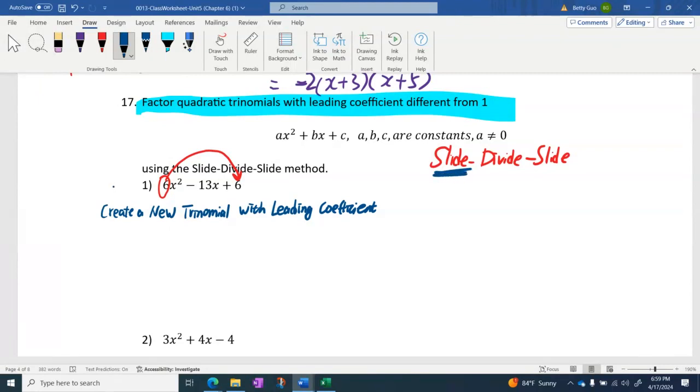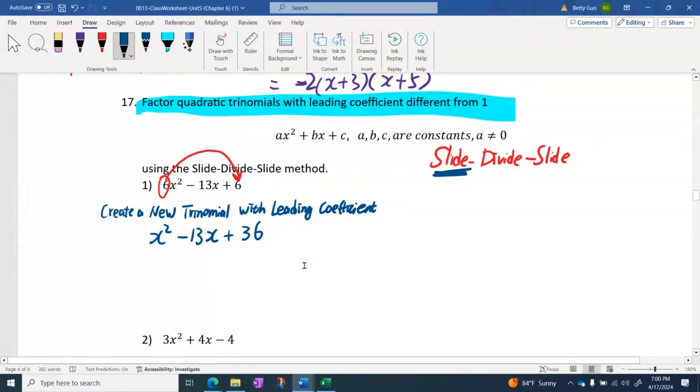We simply slide 6 away to multiply with the constant. So the 6 in front of x squared is slid away, so there's nothing in front of x squared anymore. And copy the middle term, negative 13x. And then remember, we slide 6 away to multiply with the c. So we do not have a 6 here. Instead, we have 36, because 6 times 6 is 36.